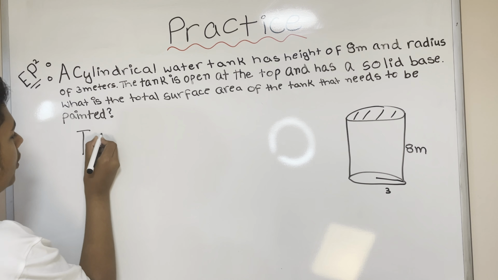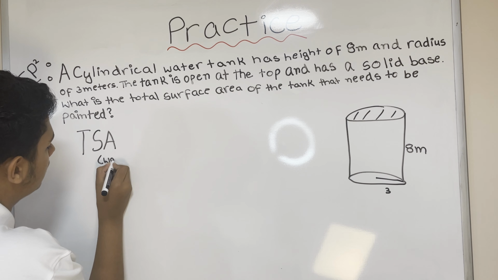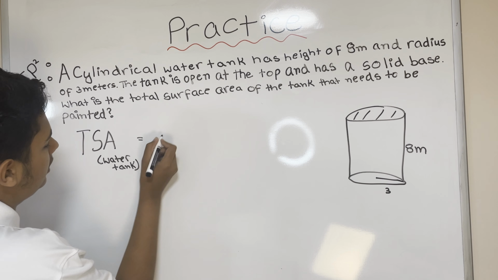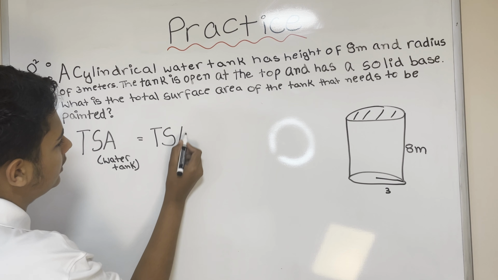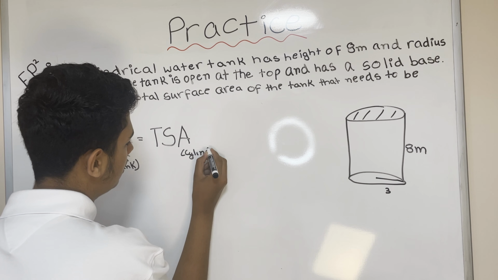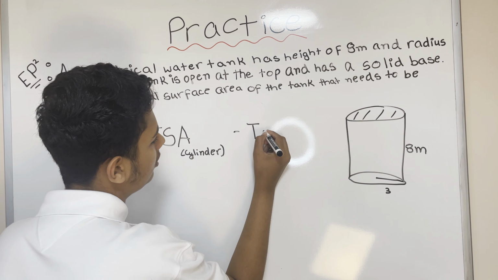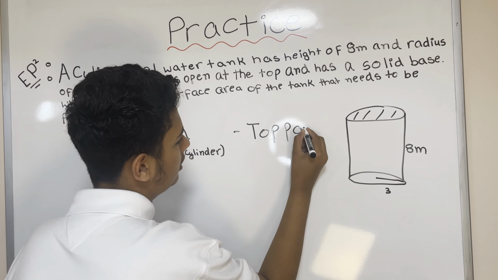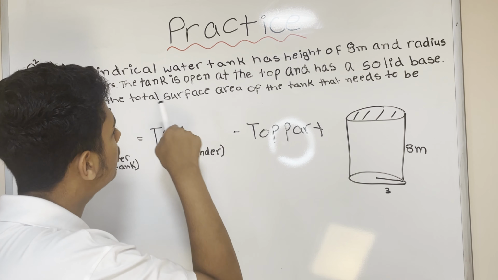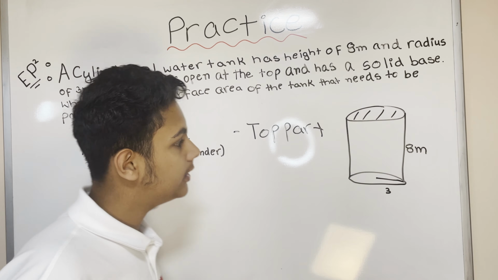So if we need total surface area of water tank, we need total surface area of cylinder, and then we can subtract the top part, because the top part cannot be painted, and it says that we need the total surface area of the tank that needs to be painted, and if the top part is open we can't paint it.